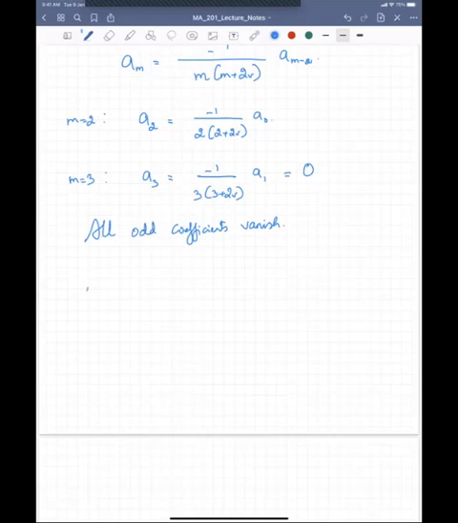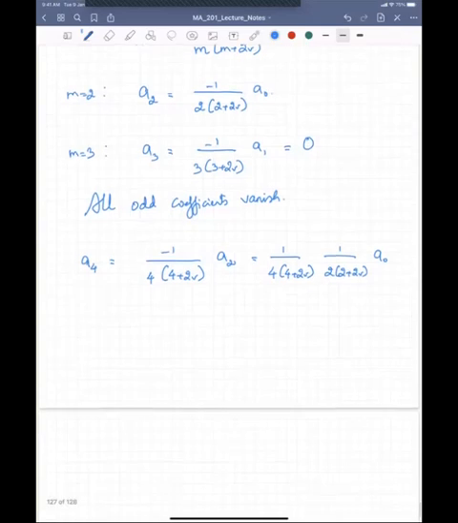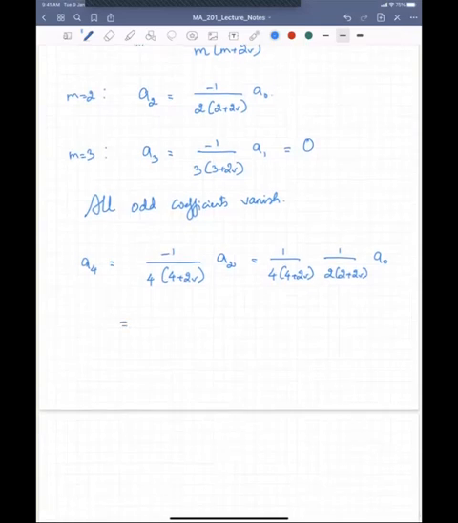Okay, so a4 is minus 1 over 4 times 4 plus 2 nu a2. And this is obviously 1 over 4 times 4 plus 2 nu. And since a2 is 1 over 2 times 2 plus 2 nu a0. Right? So you can build all the even coefficients starting out from a0.